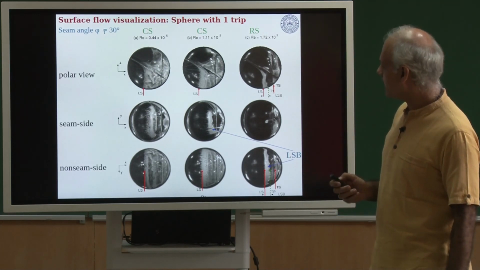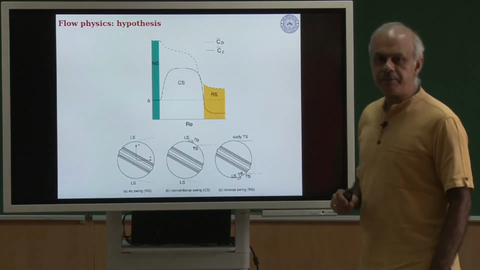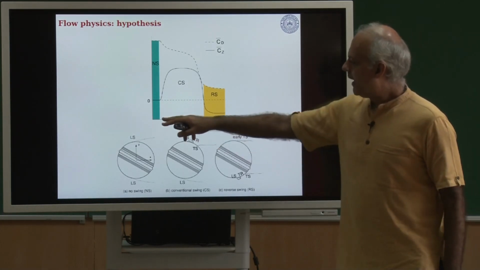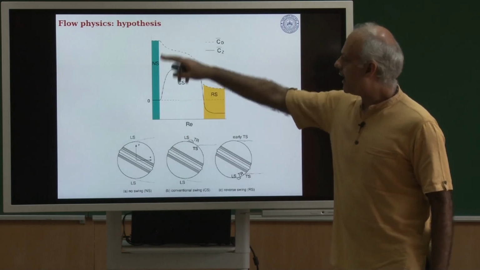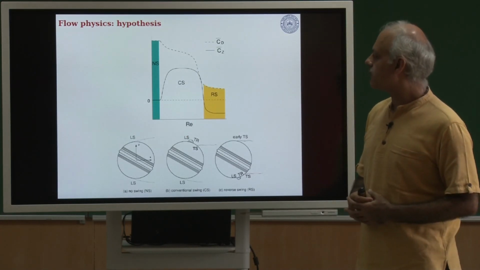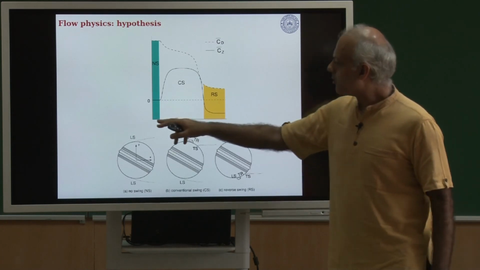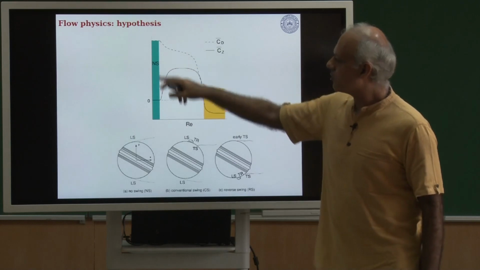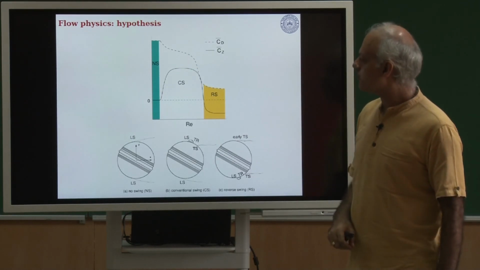It has become turbulent. So let me explain the phenomenology. The x-axis is Reynolds number, the y-axis is essentially the coefficient of drag and the swing force. For very low Reynolds number, the seam does not make a difference and I get no swing. So that's the blue region.